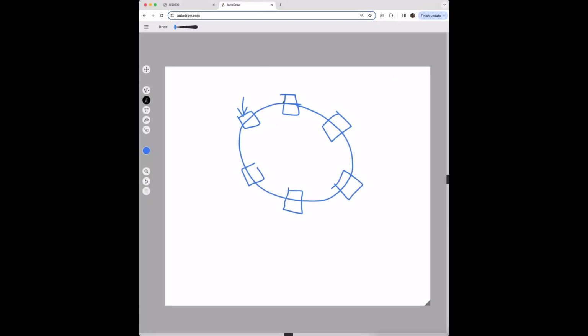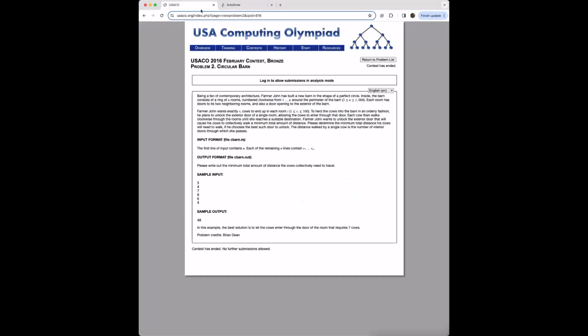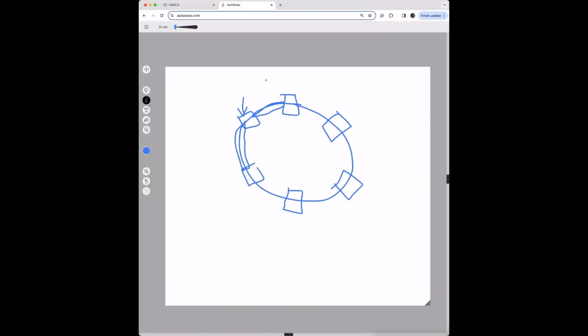I guess I didn't draw this that well, but you can basically walk through the doors to the adjacent rooms.